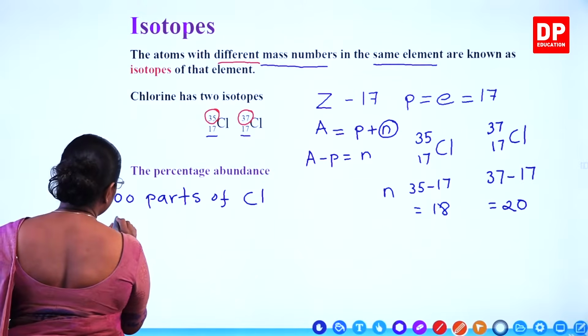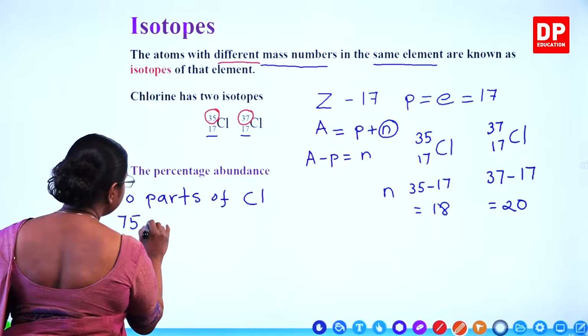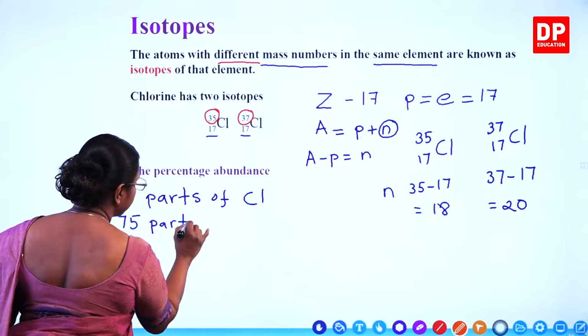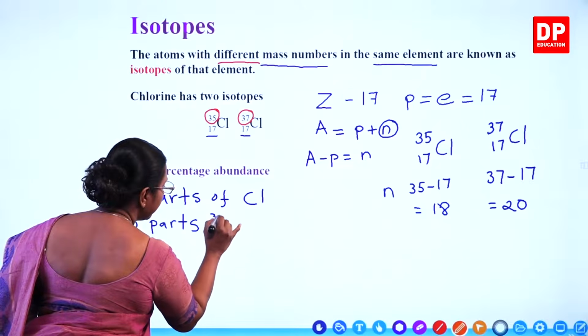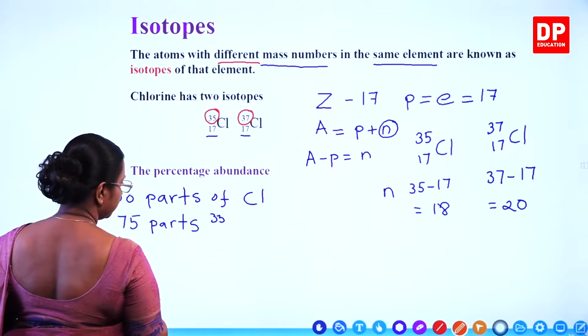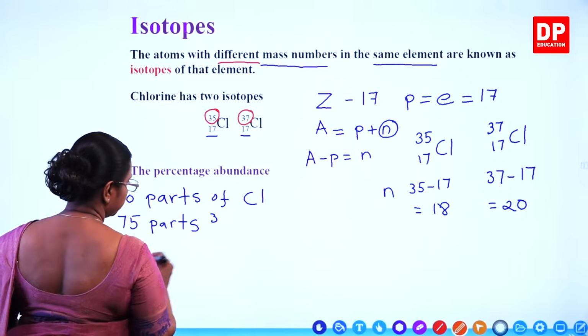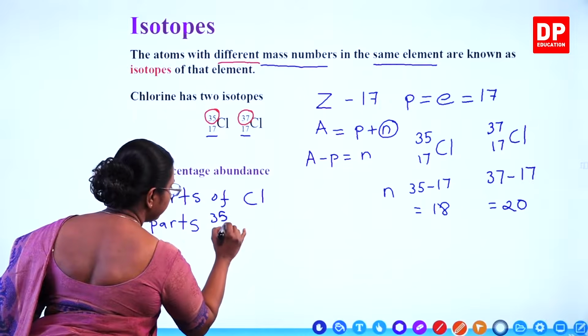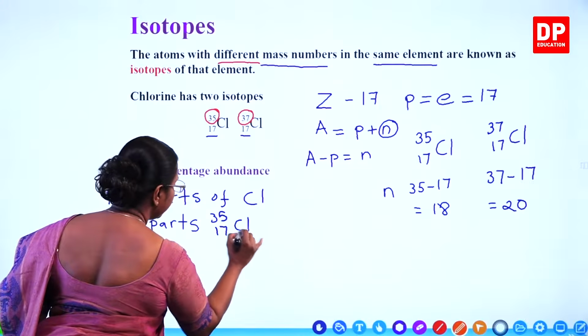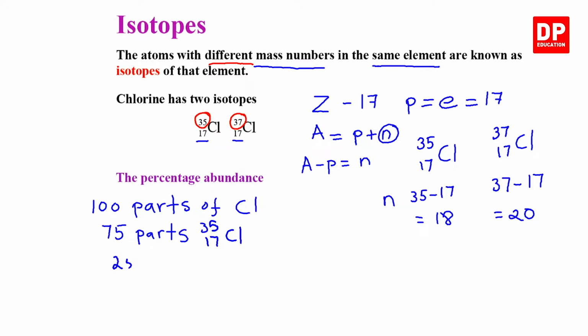out of that there will be 75 parts of 35 17 chlorine and 25 parts of 37 17 chlorine.